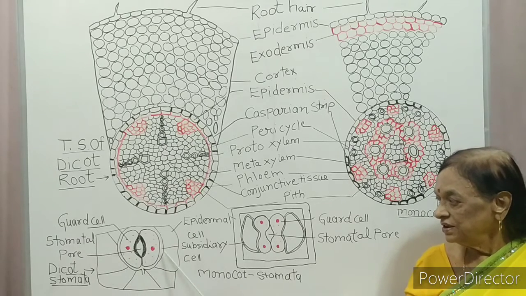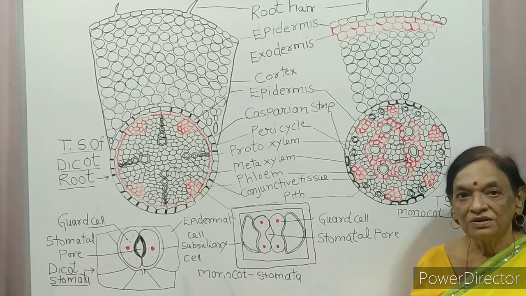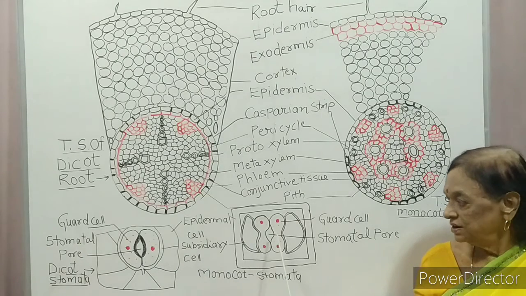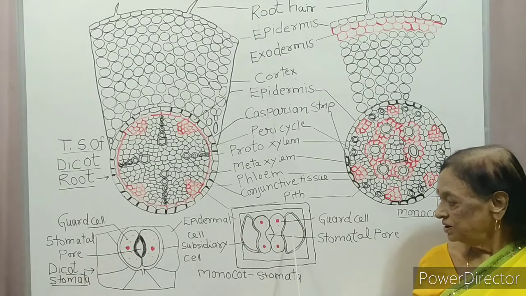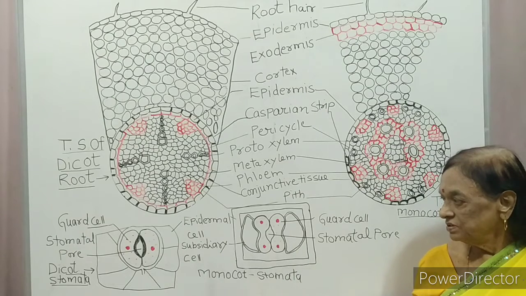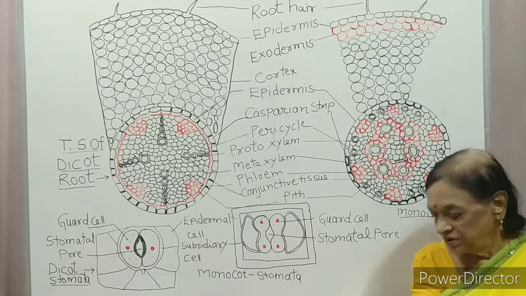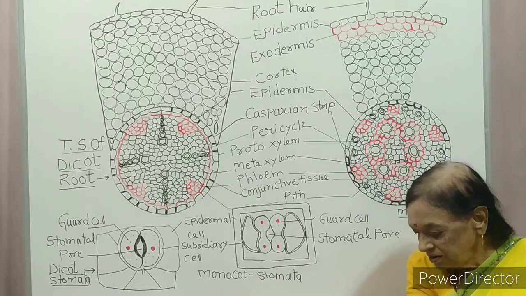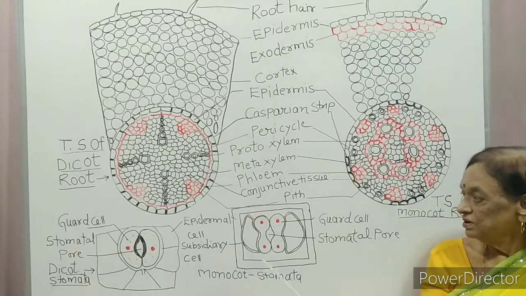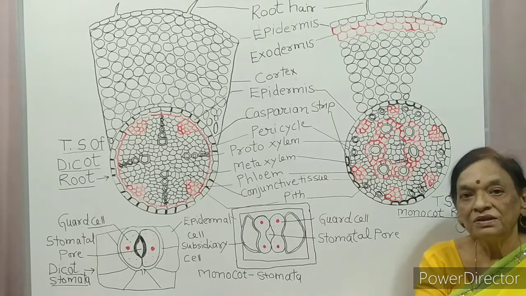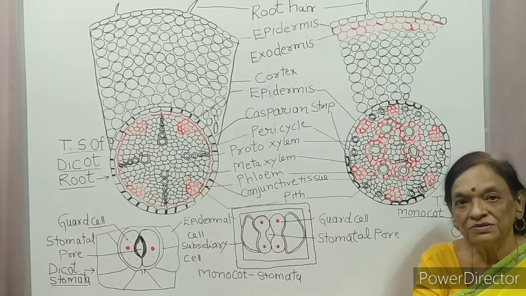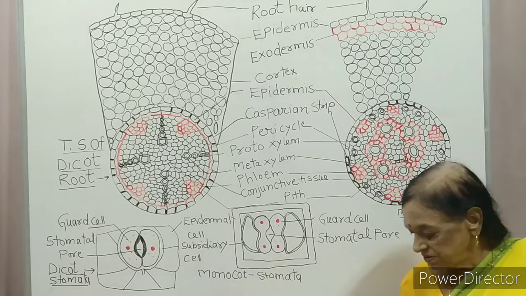Subsidiary cell is irregular. Subsidiary cell is somewhat triangular. So, these are the differences between guard cells of dicot and monocot. So, these are the structures present in epidermis.